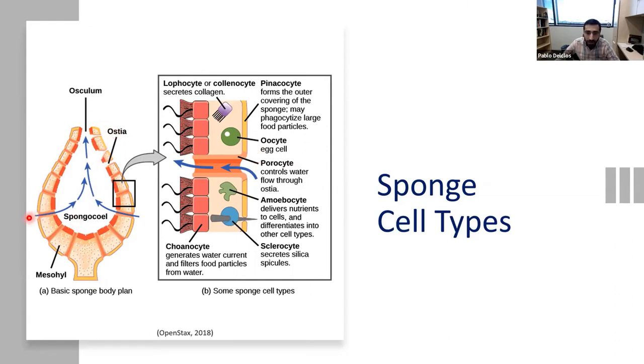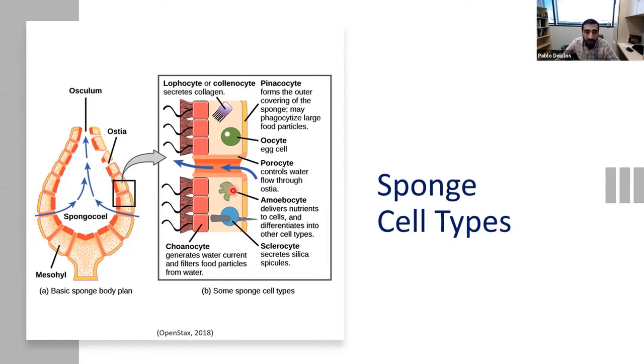What they have are essentially these pores where water goes in and gets filtered through these kyanocyte cells. What these cells do is filter the water and pass any incoming nutrients to the interior of the sponge, where there are these amoebocyte cells.